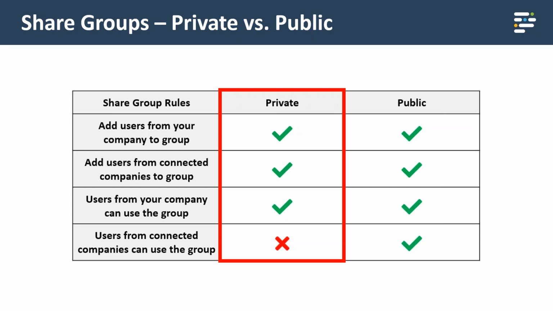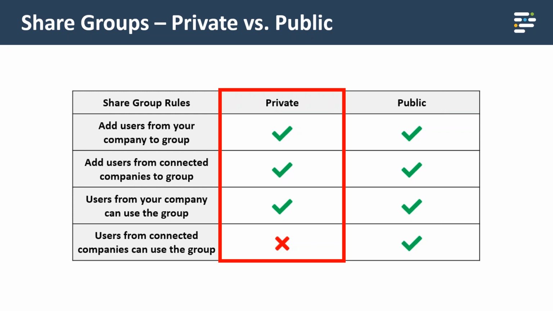If I'm connected to any other companies on the project, when I go to share information, I'll be able to use that share group. When somebody from another company goes to share a document, they will not be able to use that share group, because it's private. If I wanted to open it up, I would make it public.